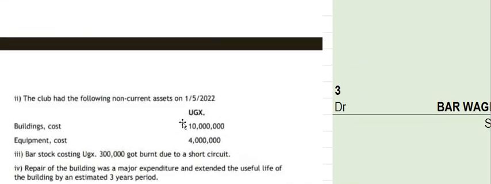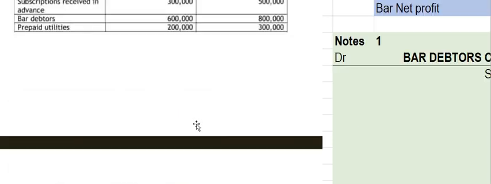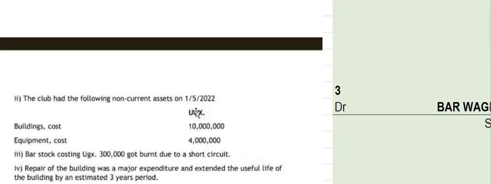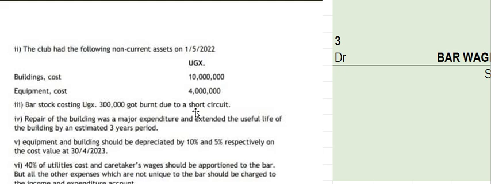The club had the following non-current assets on 1st May 2022. Up here we had current assets and current liabilities, but now here we have some information about the non-current assets at the start of the financial year, where you have buildings costing 10 millions, you have the equipment costing 4 millions, then bar stock costing shillings 300,000 got burnt due to a short circuit.